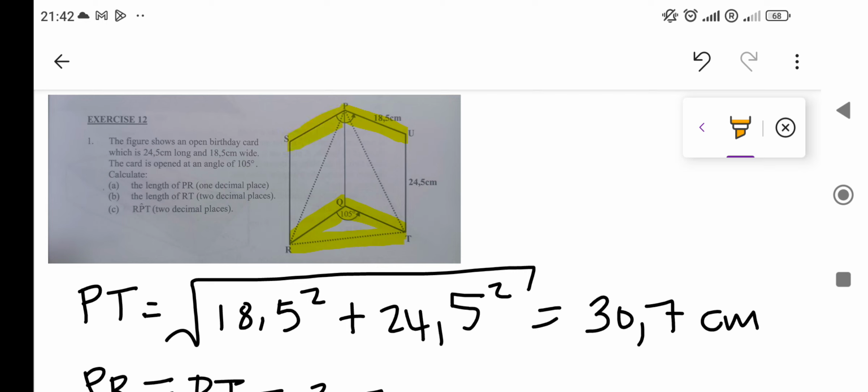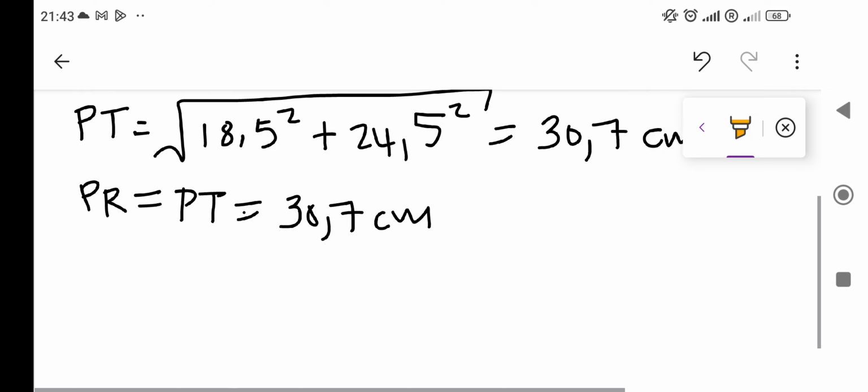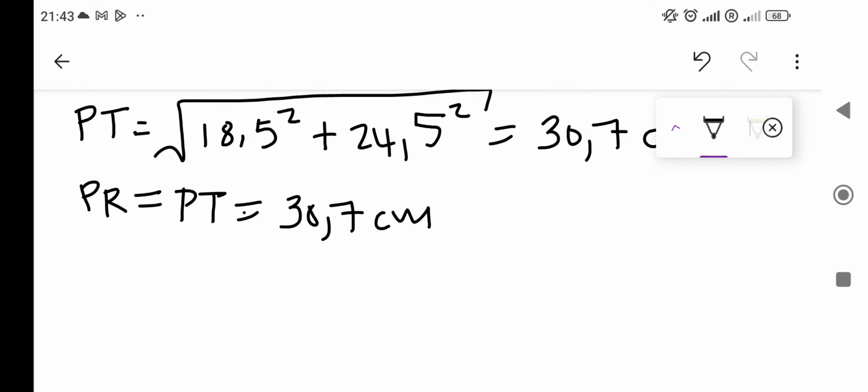So at the bottom we have triangle RQT, and we have the 18,5 on both sides. We have the Q, which is 105, that angle over there. So it's an angle between two sides. We should know that that will be our cos rule. So let's go with that.